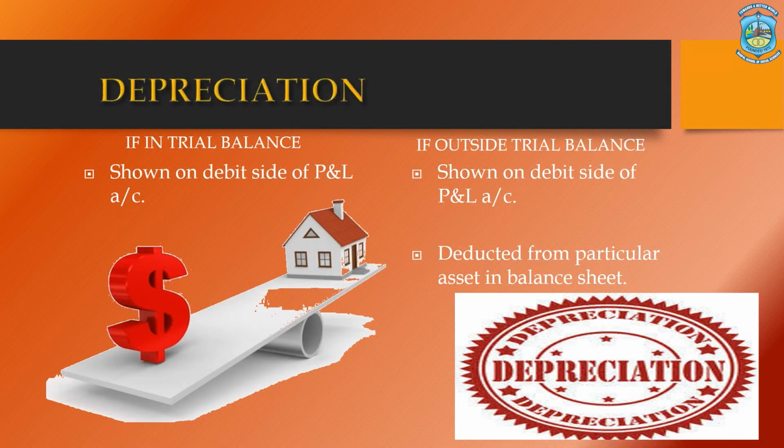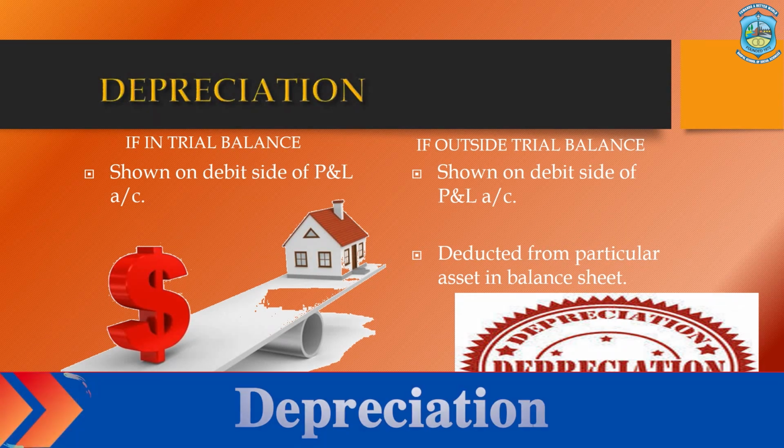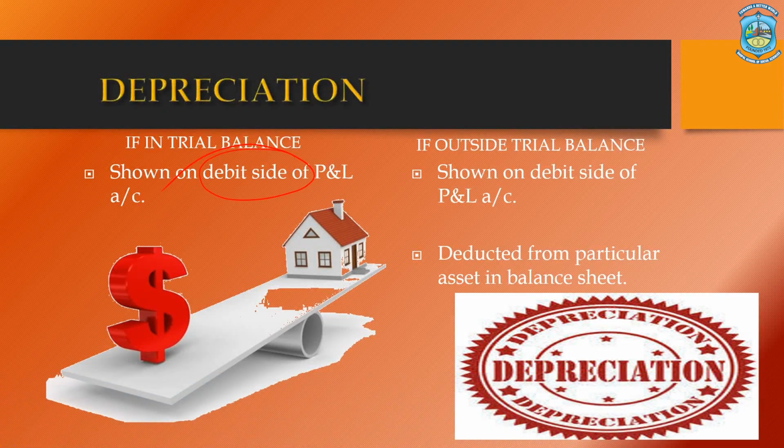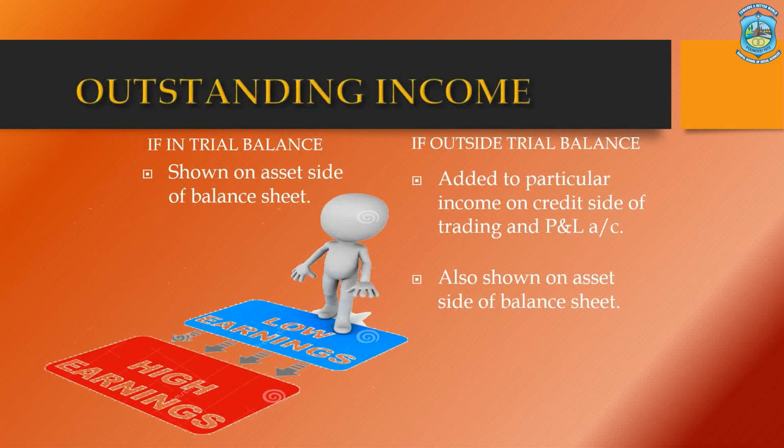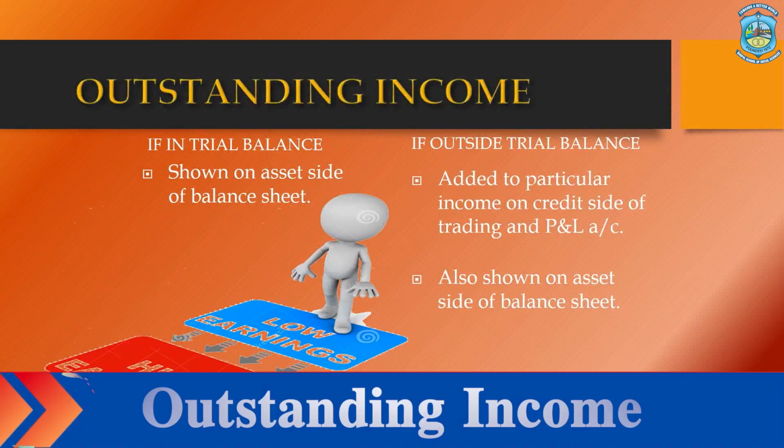Next is depreciation. If depreciation is given inside the trial balance, it will be shown on the debit side of the P&L account, and if depreciation is given outside the trial balance, it will be shown on the debit side of the P&L and then deducted from the respective asset in the balance sheet. Next is outstanding income. Outstanding income means income due but not received, but this income will be received in the future, therefore it is your current asset.